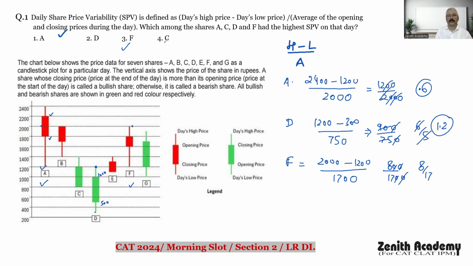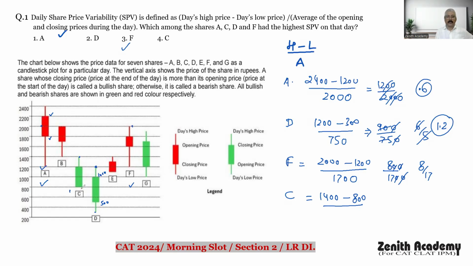And now the fourth option, share C. The highest is 1400 and the lowest is 800.